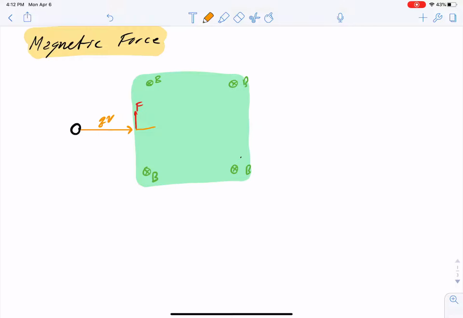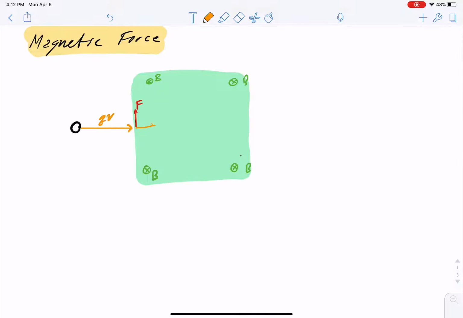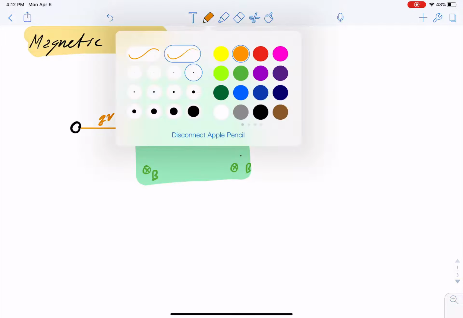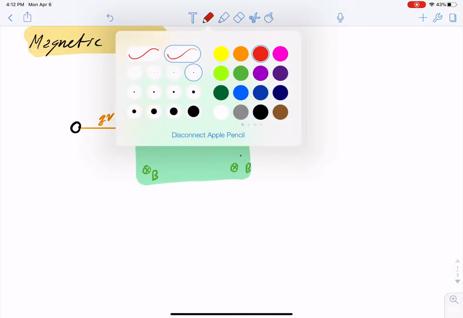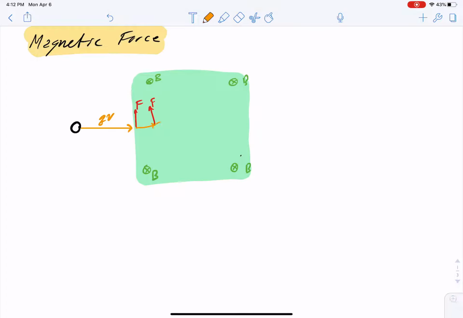Of course, then, if that velocity changes directions, the direction of the force also changes direction. So if we go a little farther, we find that this keeps happening all the way around.